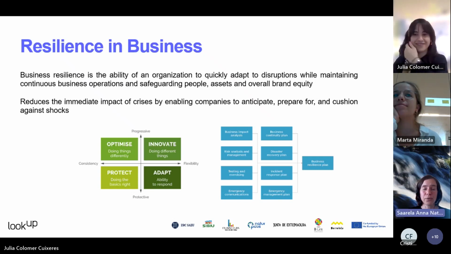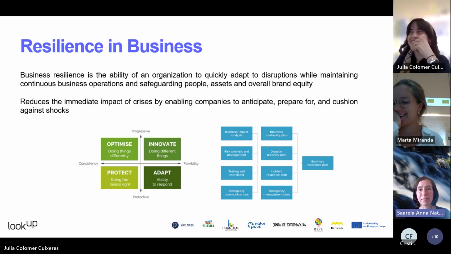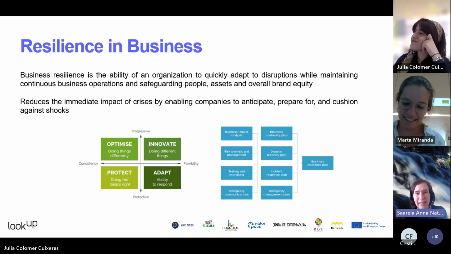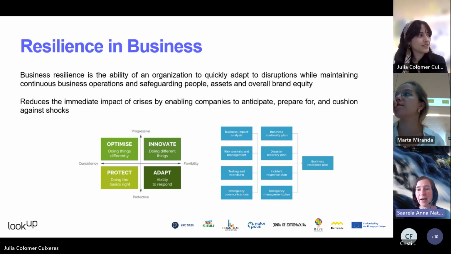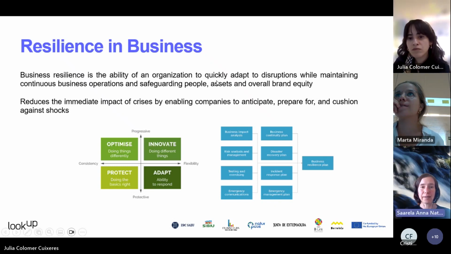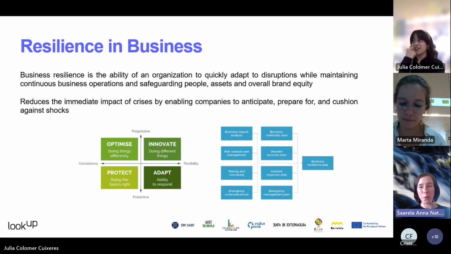Resilience also reduces the immediate impact of crises by enabling companies to anticipate, prepare for, and cushion against shocks. This is just a short description of what resilience will be or could be like, and you will have your own webinar about the whole subject, so then you will go a bit deeper.